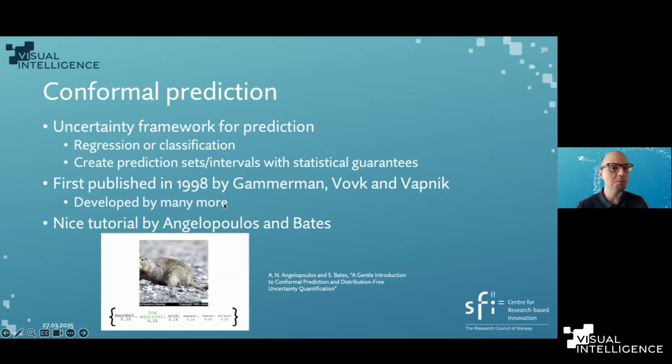So conformal prediction is an uncertainty framework for prediction models, typically a regression or a classification scenario, where you want to create a prediction set or an interval with statistical guarantees. So instead of a point prediction, you want to create a prediction set that has a statistical guarantee of covering the correct value.